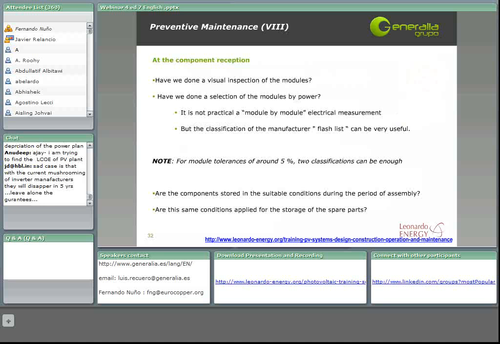And third, are all the components stored in suitable conditions during the period of the assembly and execution of our PV facility? We have to know that this is also important and is to be applied for the storage of the spare parts and the stock management later during the operation of our solar plant.